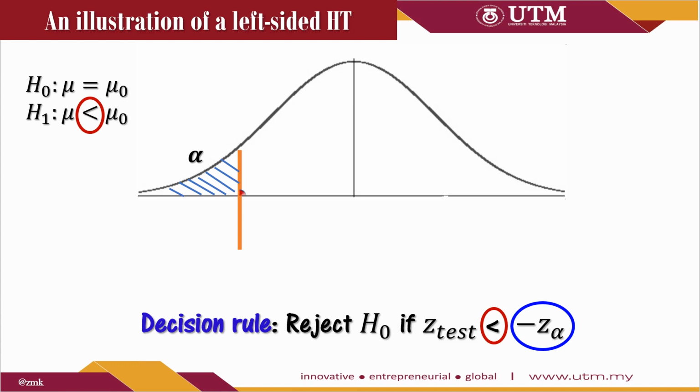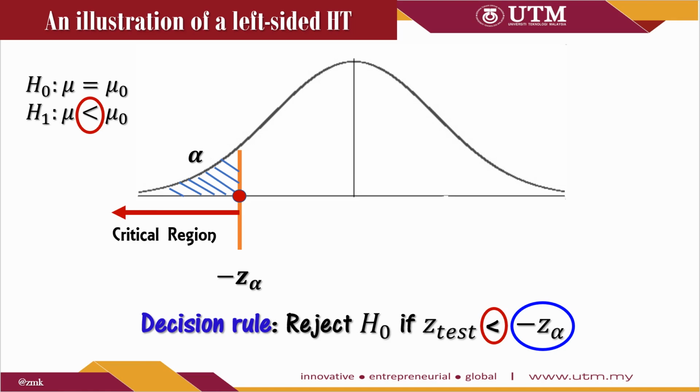The critical value, which is the negative Z alpha, can be shown as the single boundary value of the one critical region defined by the set of Z values below negative Z alpha.